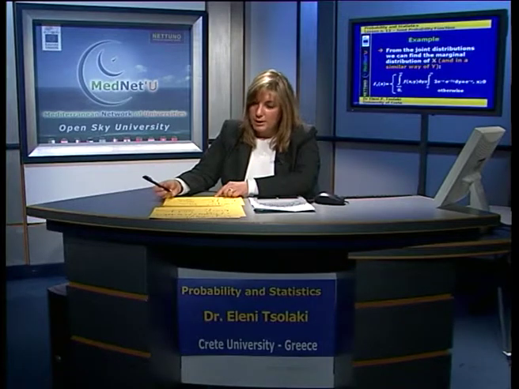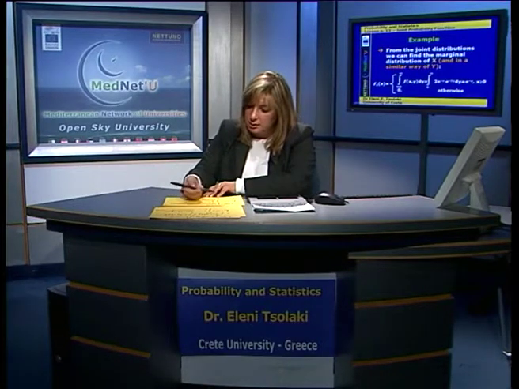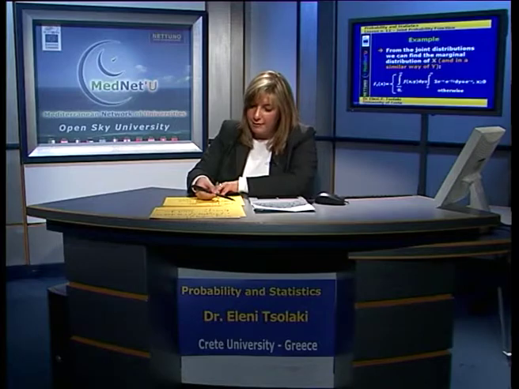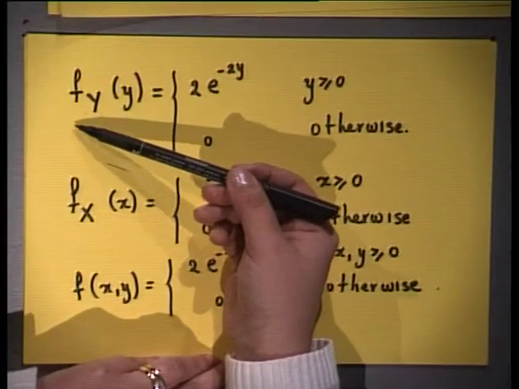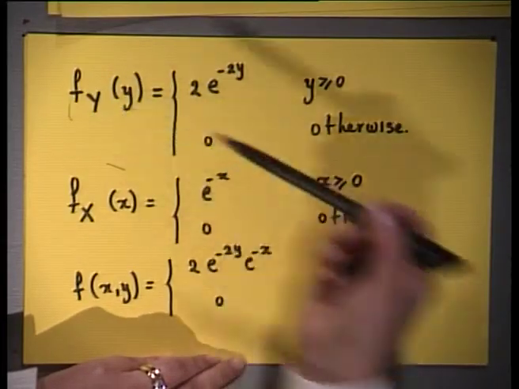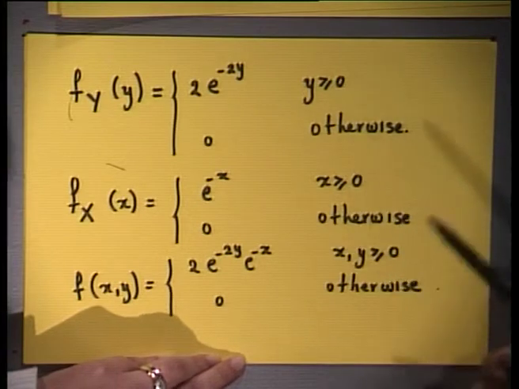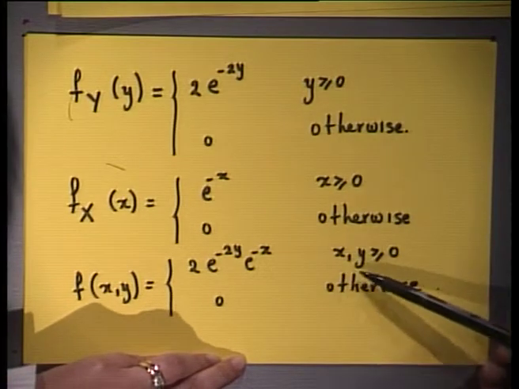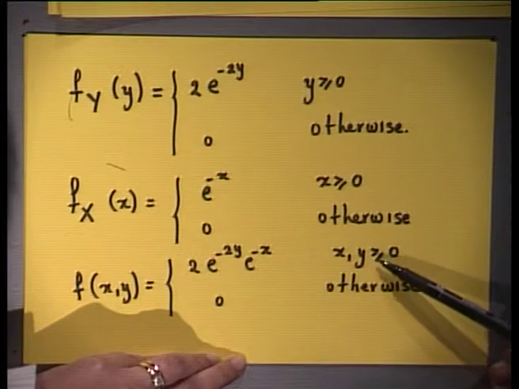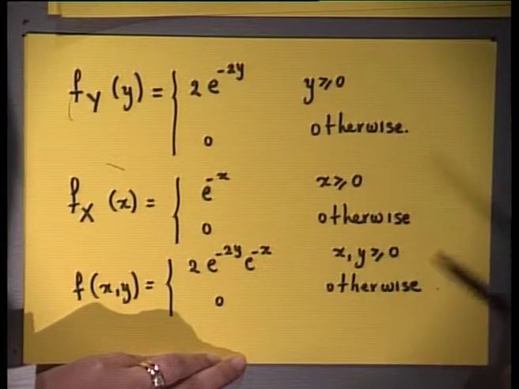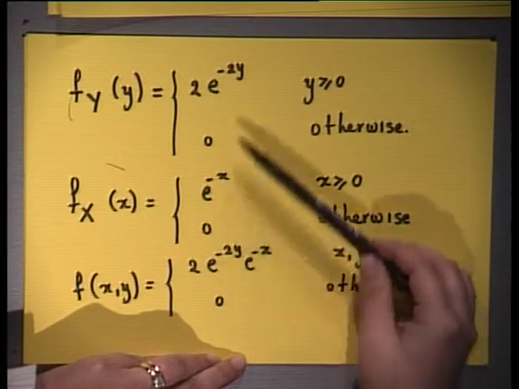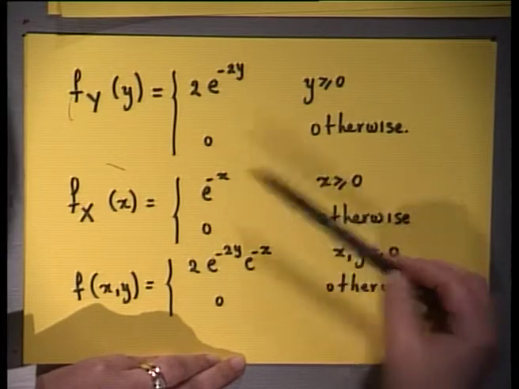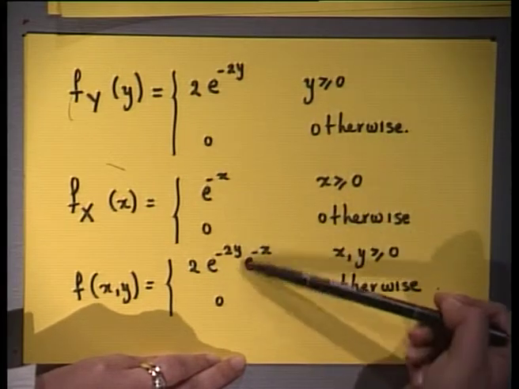And we know the marginal of x and the marginal of y, so we can see that for x and y greater or equal to 0, both, we multiply these, it is the same.